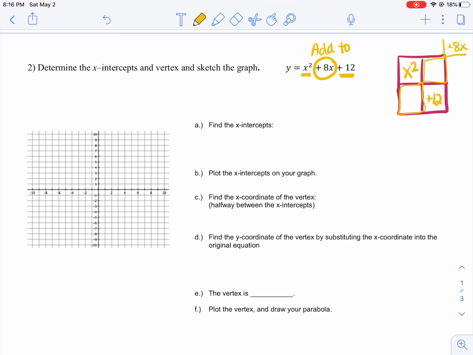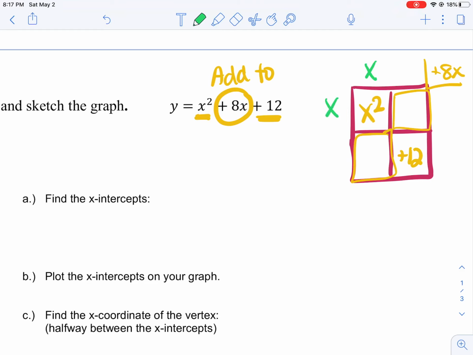So in our first box, we know x times x is x squared. We have to look for what multiplies to positive 12 but adds to positive 8. Well, we could do positive 6 and positive 2, because 6 times 2 is 12, and 6 plus 2 is 8. That's what we want.